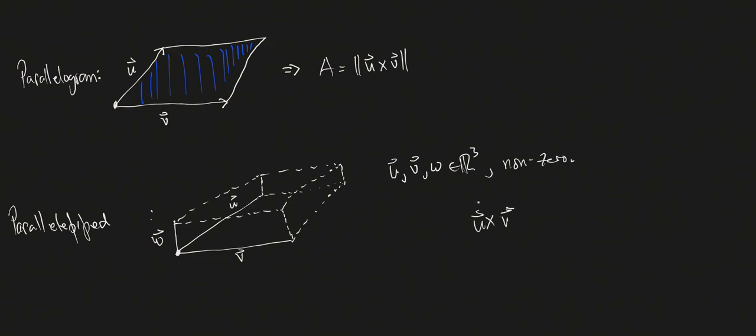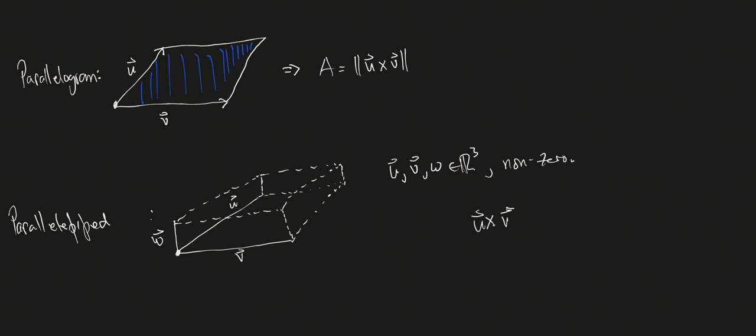And then if I take the magnitude of that vector, I get a number. If I take that number, the magnitude of the cross product, and multiply by w, I would be taking a scalar and multiplying a vector. So I would be getting another vector. But that's not what I want. I want my volume to be a number. In fact, I want my volume to be a positive number.